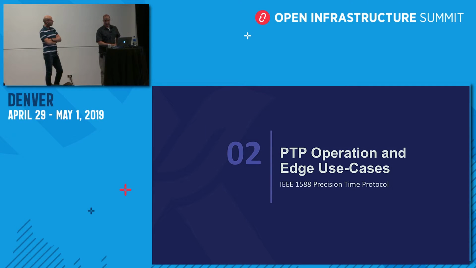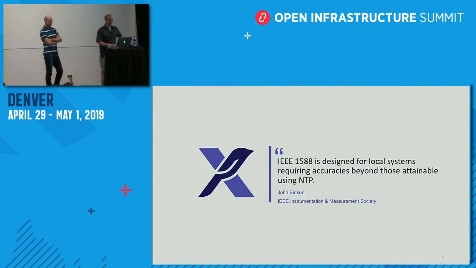So let's dive into PTP, which is one of the main reasons why we're here to talk about. So I want to start us off with a quote, which I think sums it up pretty nicely, which is the fact that PTP is really targeting a specific use case that's not normally addressed by NTP. And there's lots of advancements being done in NTP to make it more accurate and doing other things, but PTP has really evolved to what we're seeing as the main primary clocking source for the edge.